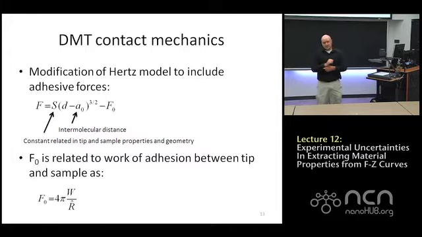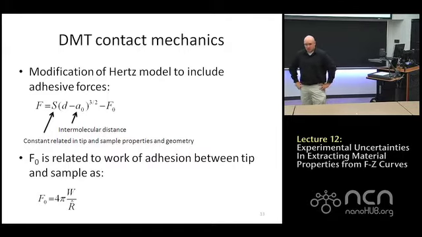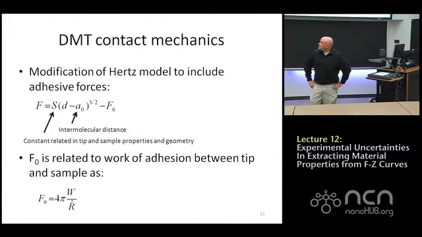The model is going to look something like force is equal to a constant S, which is related to tip-sample properties and geometry. So properties such as elasticity, which is what we're trying to get to, Poisson's ratio, and surface geometry such as the radii of curvature of the sample and the tip. And then we have another constant, which is just the intermolecular distance.